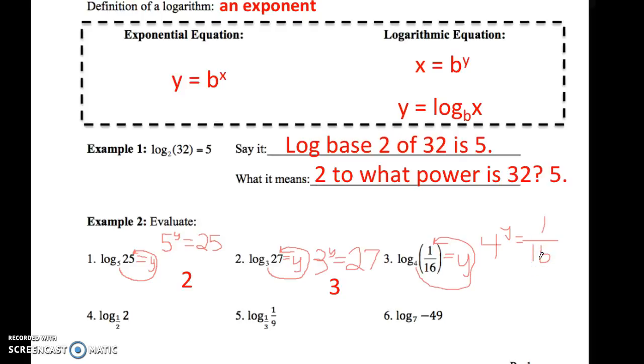If this is not as easy to do in your head, we can rewrite as 4 to the y equals, well, 16, that's 4 squared. And to move that to the top of a fraction, we use a negative exponent. So that would be 4 to the negative 2. And since our bases are the same, the exponents are equal. So y would equal negative 2. This log is equal to negative 2.